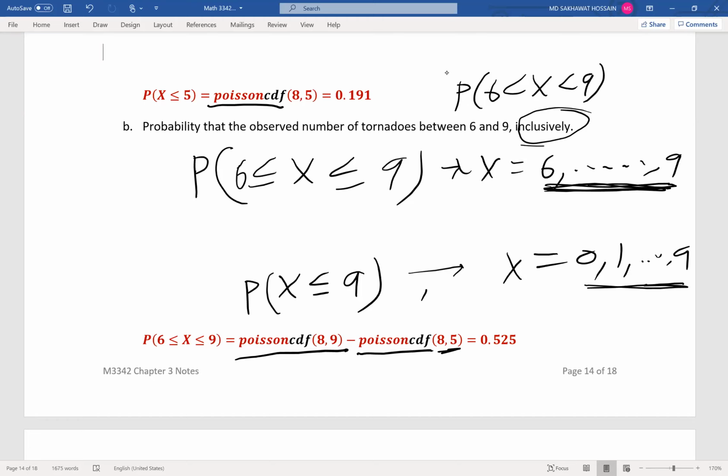That's why we subtracted Poisson CDF 8, 5, not 8, 6. You have to be very careful. Okay, for this one, I'll discuss some more examples. Let's see. Okay.